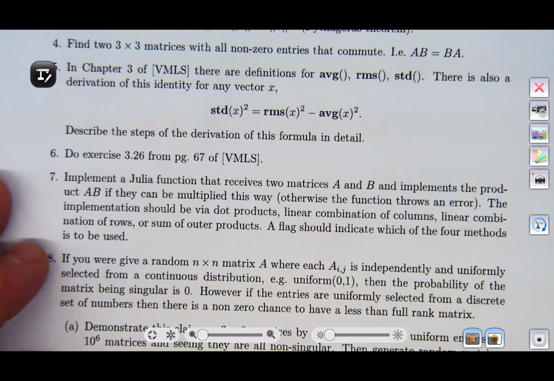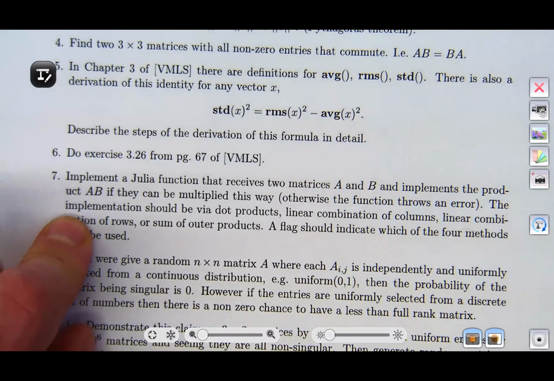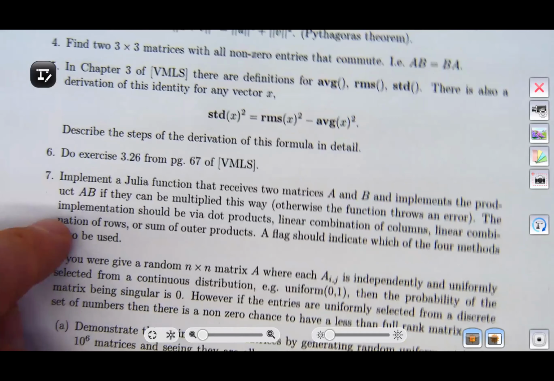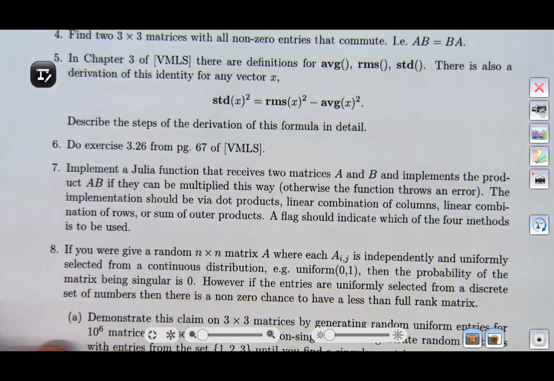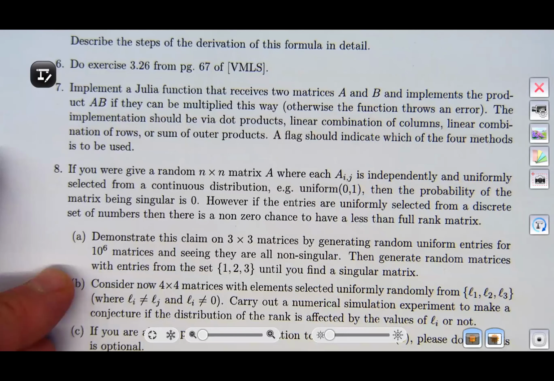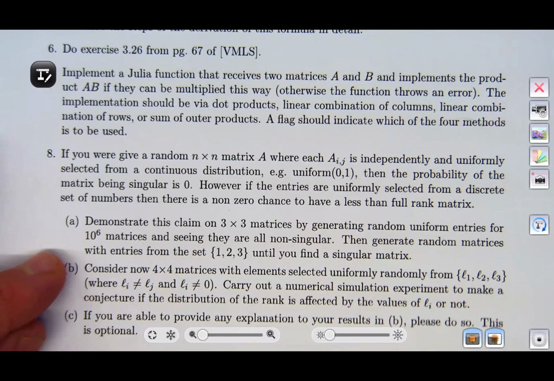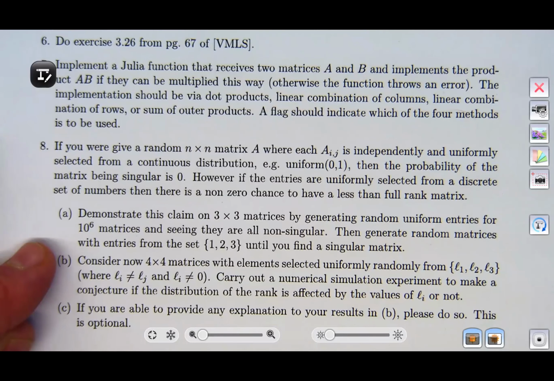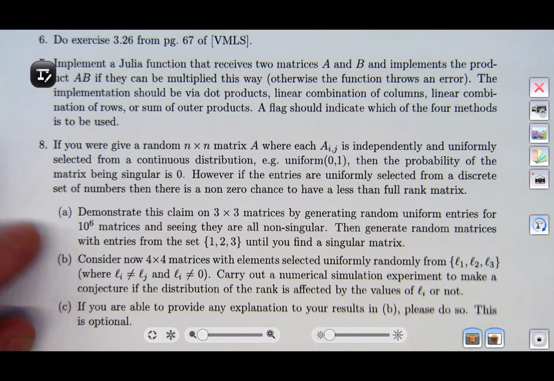Because basically I know that this one will be a little bit involved. And if I look at this one, it is probably a Julia question too, right? Because if I remember last week, I thought we were dealing with random matrices with entries belonging to 1, 2, and 3. Okay, so I have a feeling that this is a Julia question.